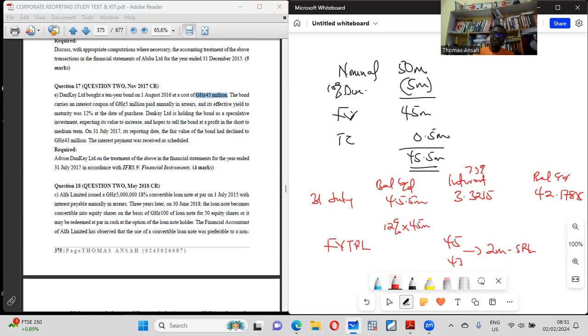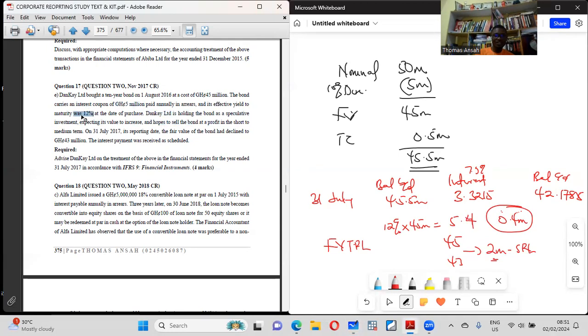It's just your normal interest that you are supposed to be collecting. 0.12 multiplied by 45, it means you are supposed to be collecting 5.4 every year. But they said that they paid 5 million. So it means that there is a 0.4 that is a receivable extra. You need to collect that one. So this one is a receivable. Then your 2 million is fair value change. So even though it is tradable, it doesn't mean don't calculate it.